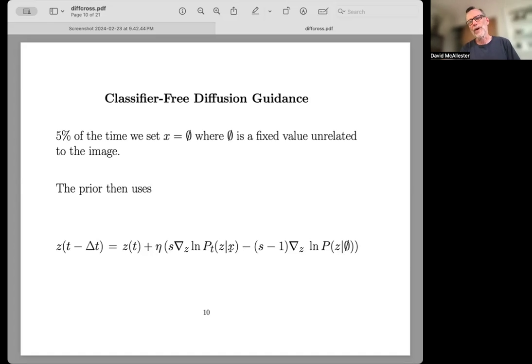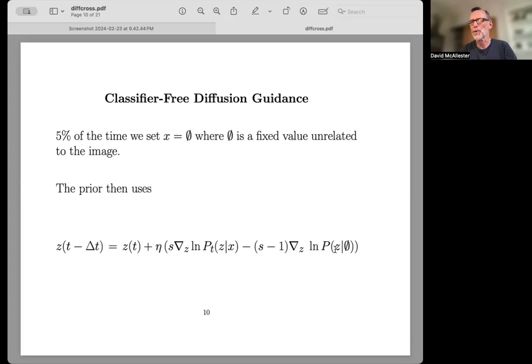And there was a story told in this paper about why this makes sense, but the story did not make sense. So the theory of this, I think, is still quite open. But intuitively, you've got something you want. You want the probability of the image given the class to be large, and something you don't want, which is that the prior probability of the image is large.